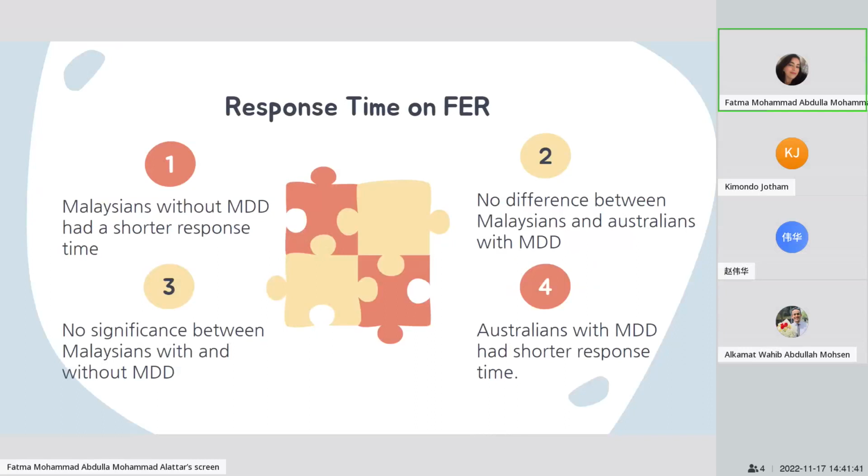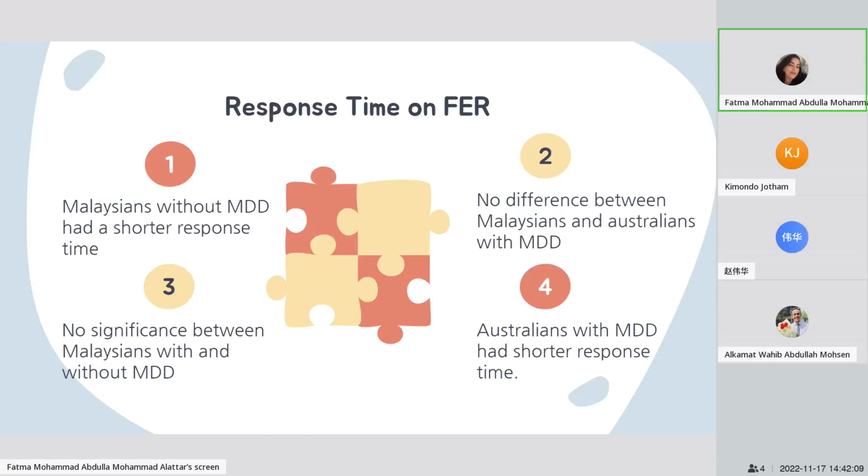Now, what about response time? When it comes to response time on the FER, the analysis revealed that Malaysian participants without MDD responded to stimuli in a shorter time than Australian participants without MDD. Furthermore, researchers did not find any significant difference between Malaysian participants with MDD and Australian participants with MDD.